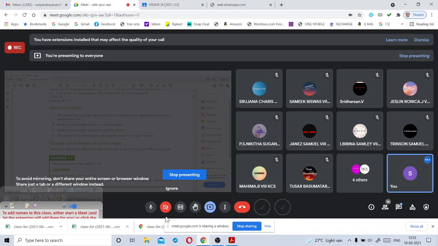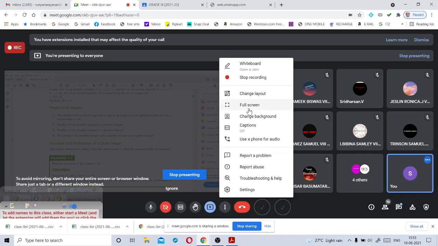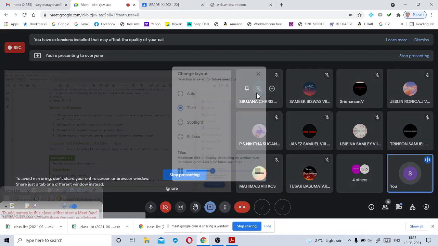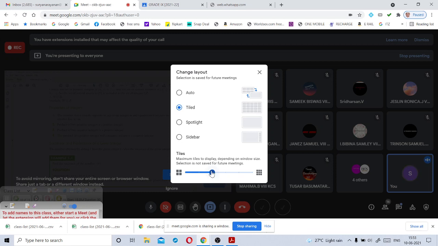Nikita, yes, minus 1. Minus 1 is the predecessor of 0. Predecessor of 0.